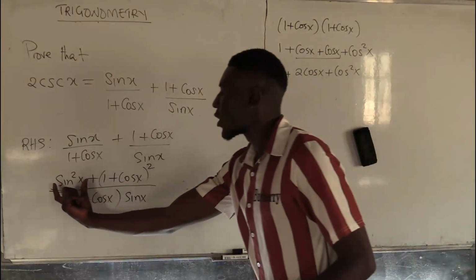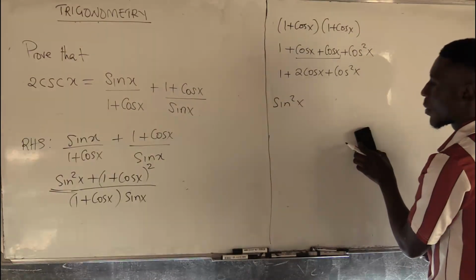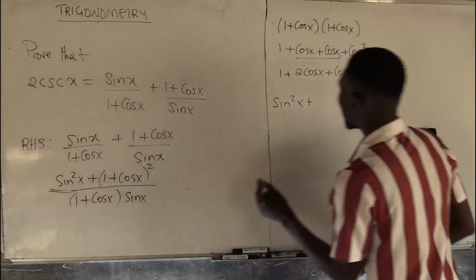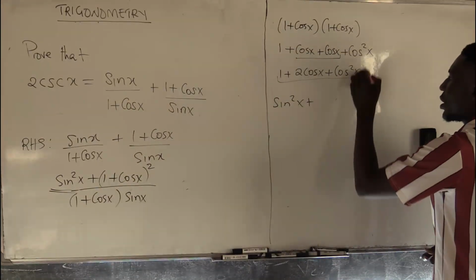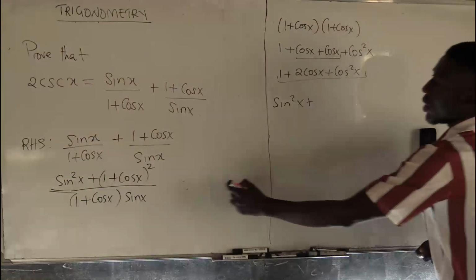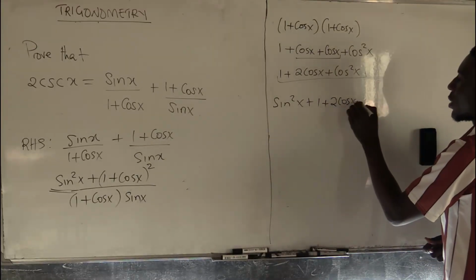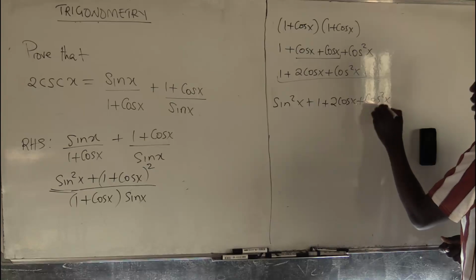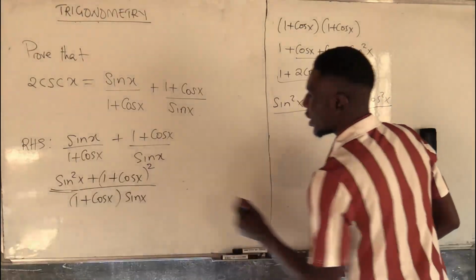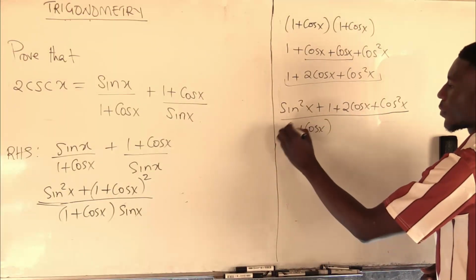So we'll write first part sin squared x, then plus, for everything we have in brackets, this is what it becomes: 1 plus 2 cos x plus cos squared x. Then not forgetting that this is being divided by our denominator here, which is 1 plus cos x, and then sin x.